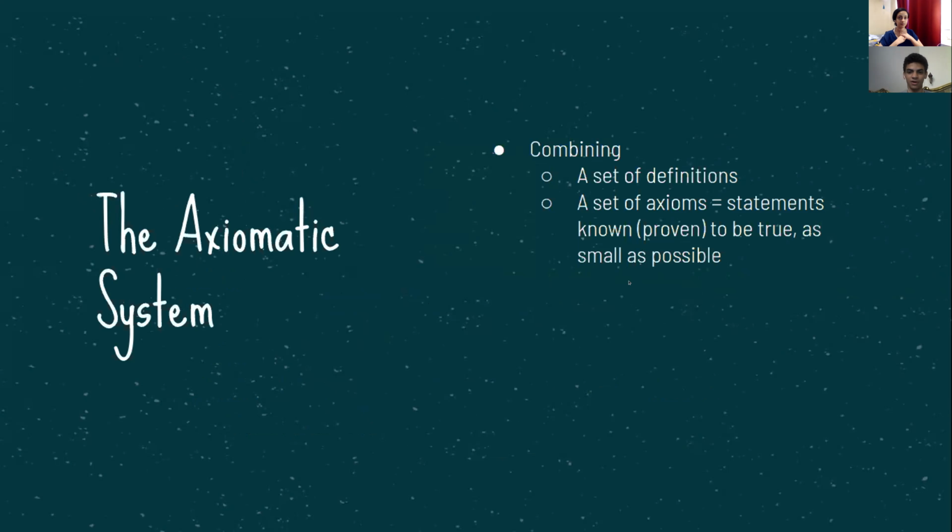These are tautologies or things that are taken for granted, and you want these two to be as few as possible. You don't want a lot of terms and definitions, and you don't want a lot of axioms. The fewer of these, the better the axiomatic system is, and that's how set theory will work. We will start building an axiomatic system in order to explain all of mathematics with as few definitions and axioms as possible.